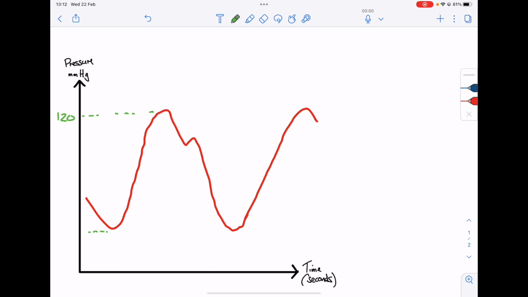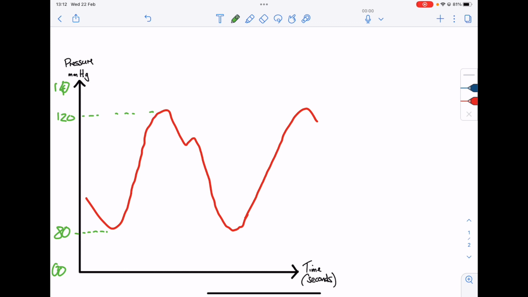And then diastolic pressure lurking down here, we'll call it 80. Arguably then, this axis is not going to be a 0 down here because the scale will be all wrong. So you could put a 60 there, and you could put a 140 there to keep people happy.